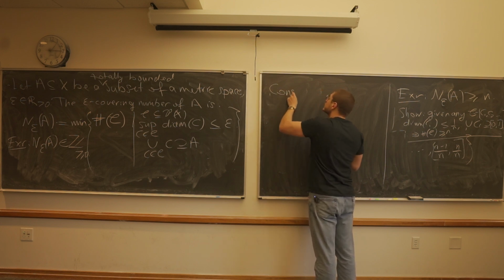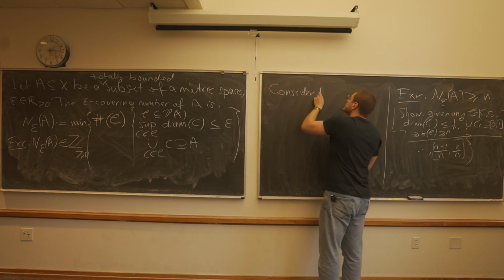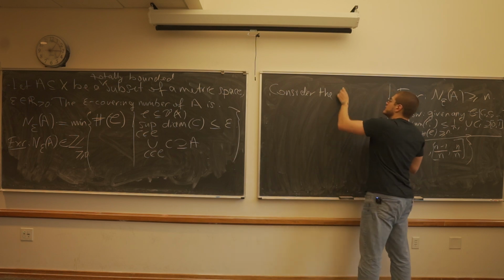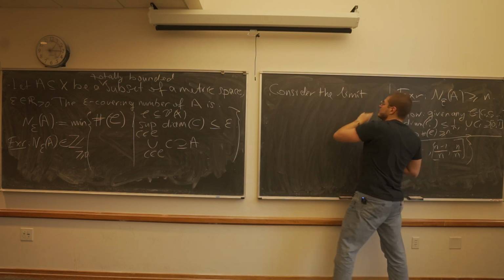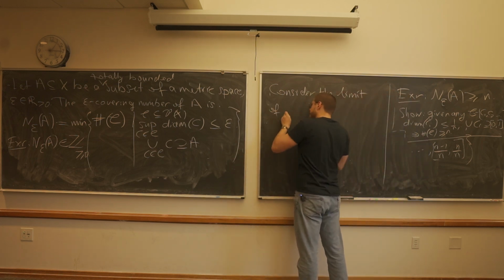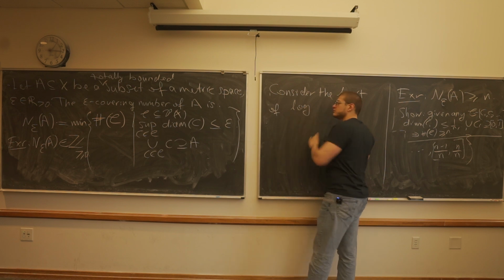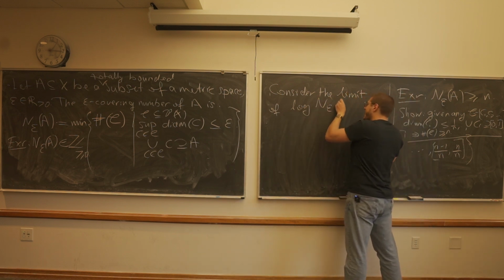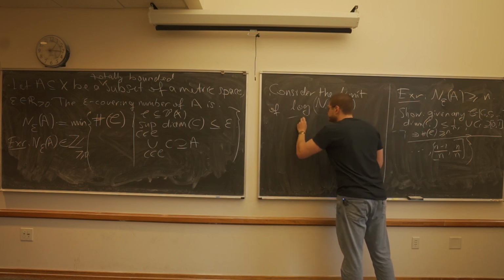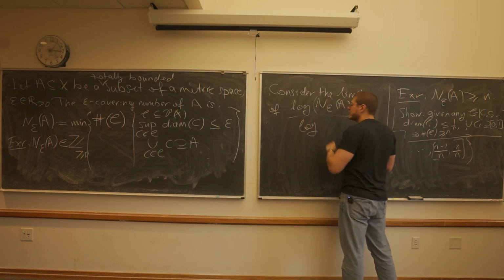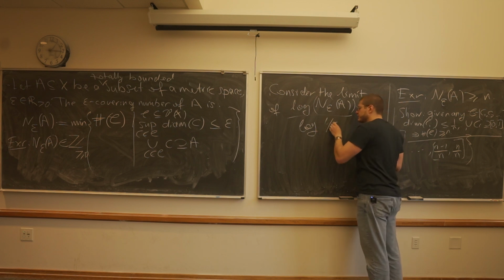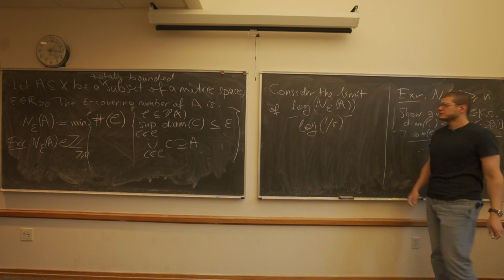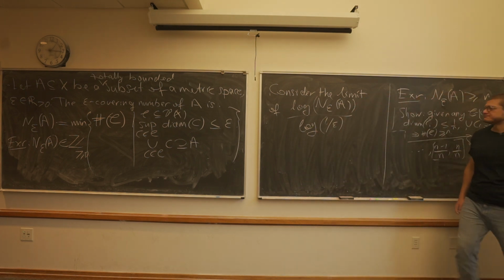Consider the limit of log of the number of things, log of N sub epsilon of A, divided by minus log of epsilon, or log of 1 over epsilon, same thing, as epsilon goes to 0.